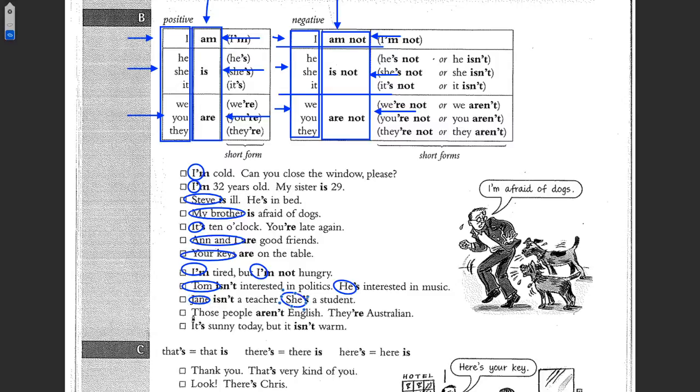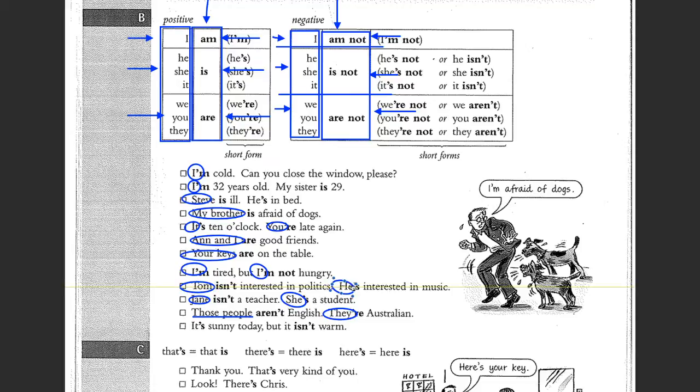Now we go through them one by one. For example, I using am. Stephen is using is. My brother is using is. It, of course, is a short form of it is. And you are. I am. Tom isn't.